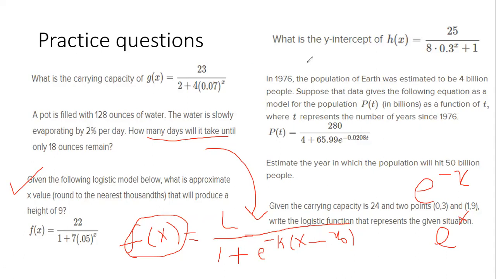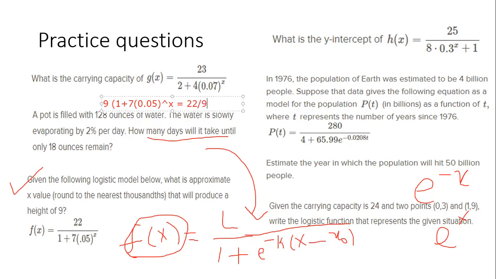That will produce a height of 9. So how will you solve this? So that is going to be 9, 1 plus 7 into 0.05 to the power of x equals 22.